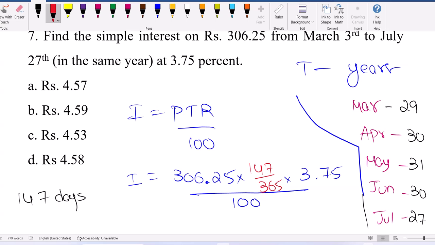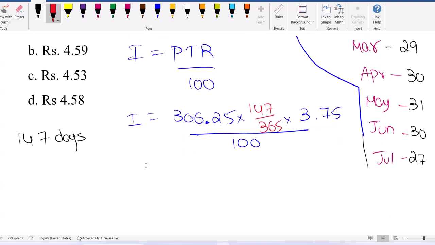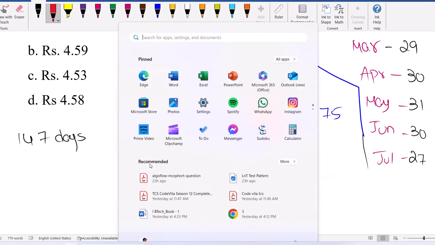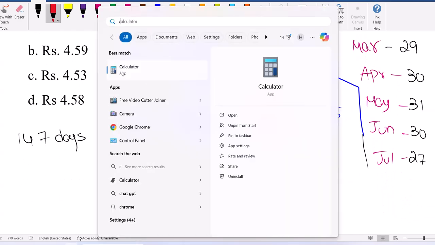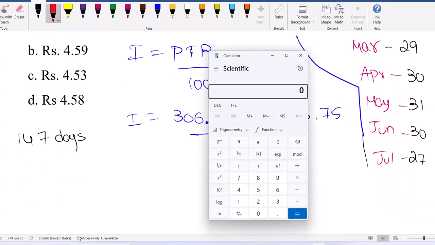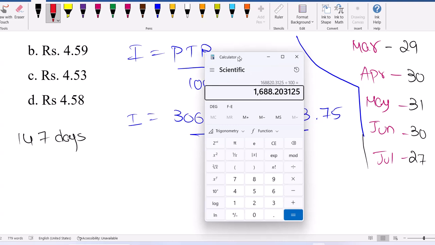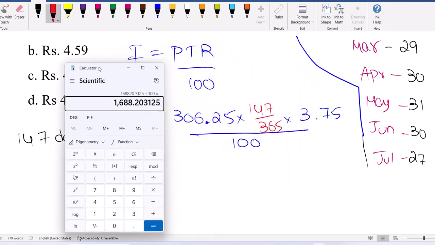Now you have to calculate this. Pretty typical calculations are involved. I'm just showing you the answer: 306.25 multiplied by 147 multiplied by 3.75, divided by 100, divided by 365 as well.